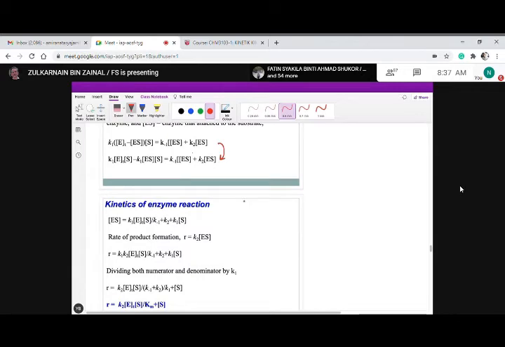And then the concentration of ES, from this equation to this.